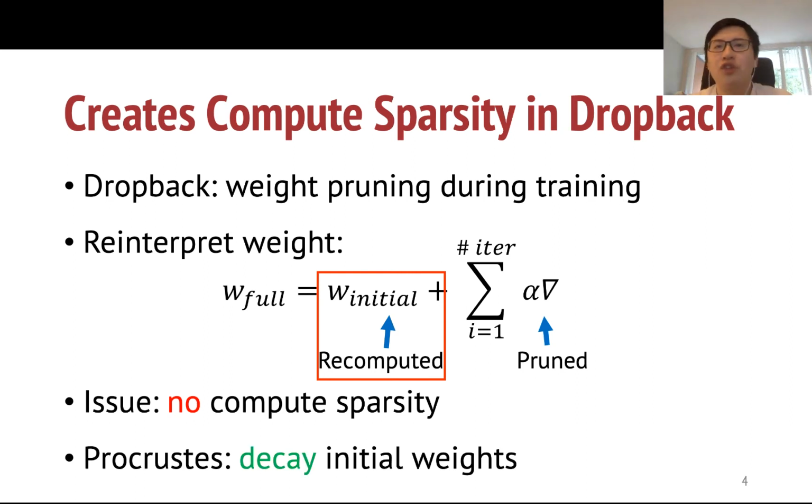Therefore, we choose to gradually decay the initial weights to create compute sparsity. Our experiment shows that initial weights are decayed to zero in less than 1% of the total training time, and therefore we obtain compute sparsity for more than 99% of the total training period.